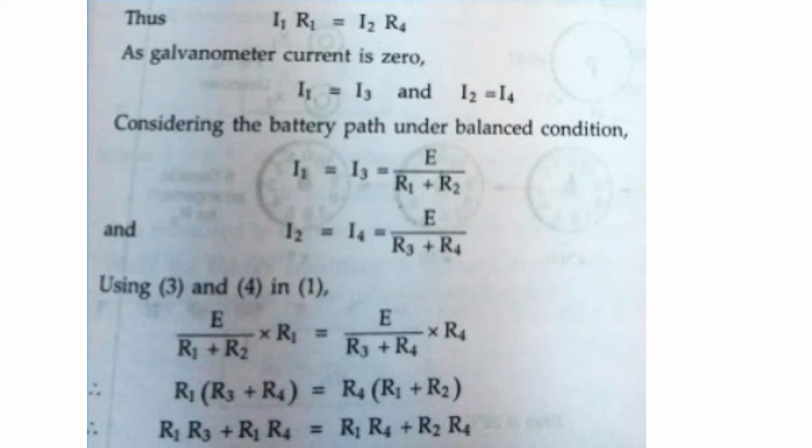Considering the battery path under the balance condition, I1 equals I3 equals E by R1 plus R2, and I2 equals I4 equals E by R3 plus R4. Using these equations, we can conclude that R1 R3 plus R1 R4 is equal to R1 R4 plus R2 R4.